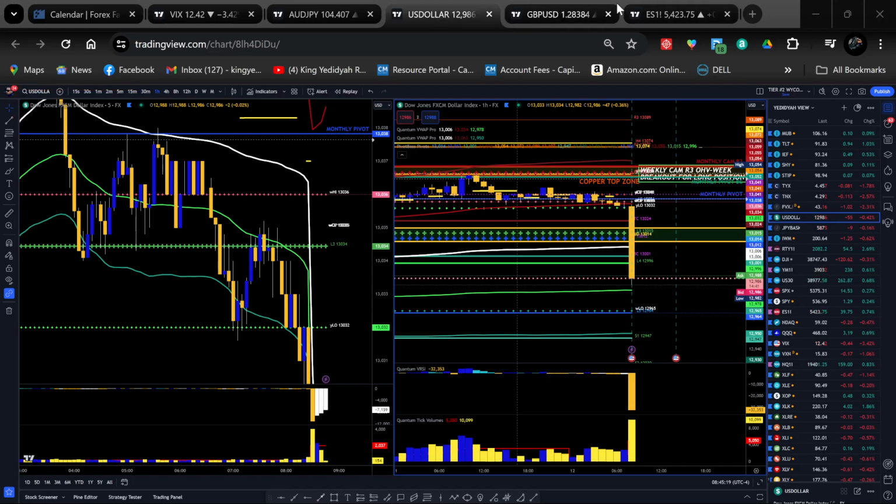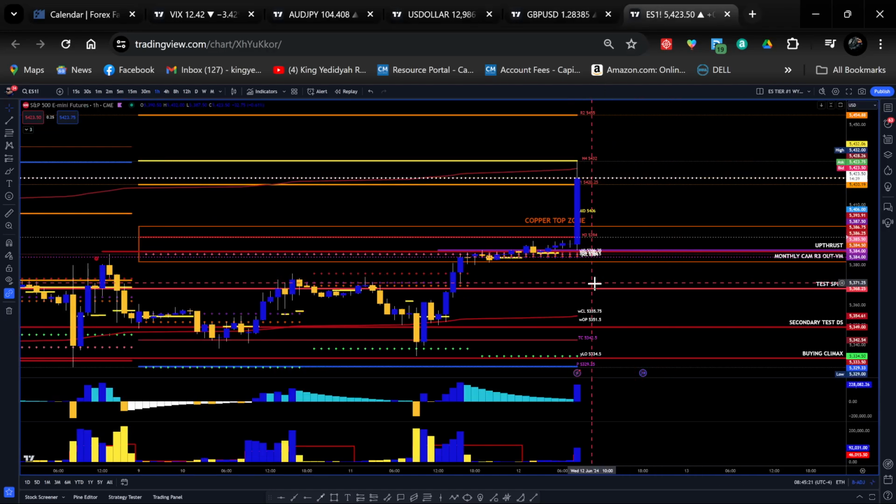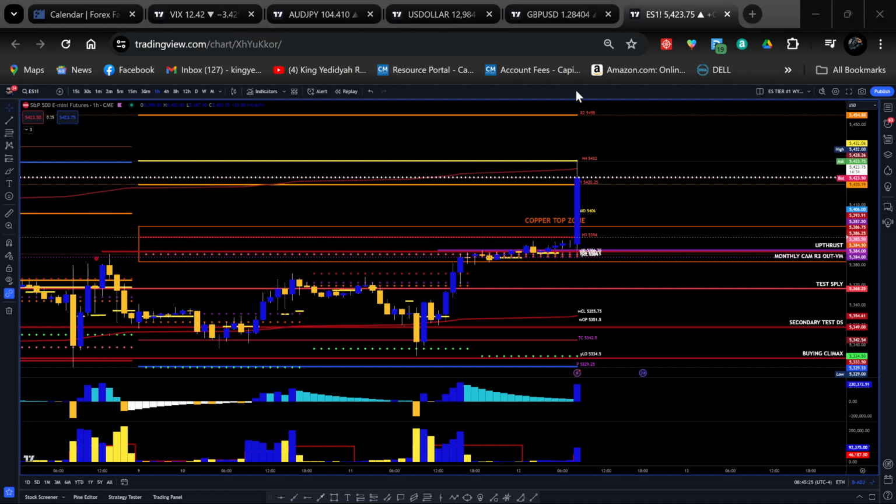So let's see here. On the 1-hour chart, I was saying yesterday in my FOMC video, my little technical analysis and forecast, that around here is the first target. This is floor pivot R1, Camarilla R4 on the weekly.